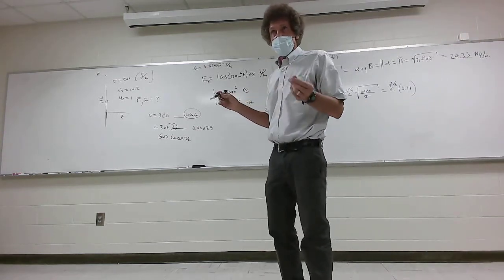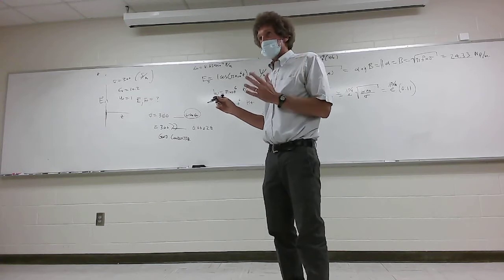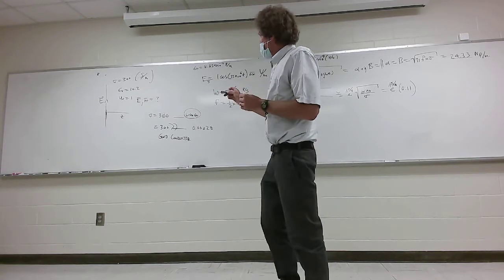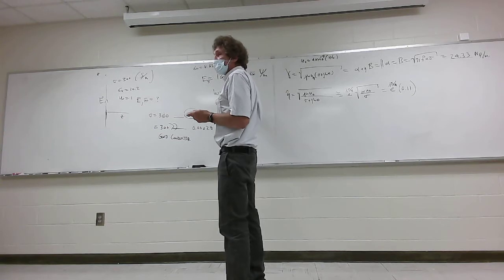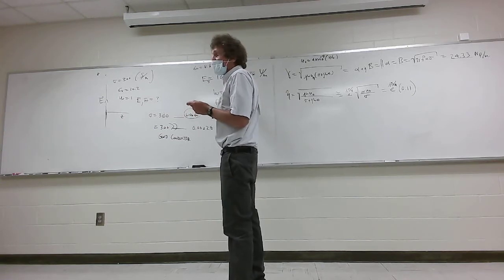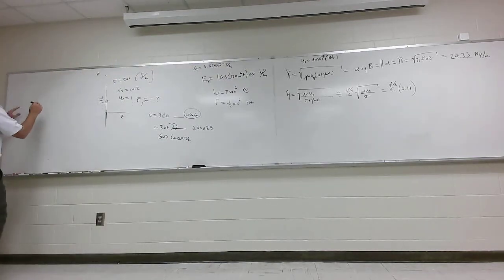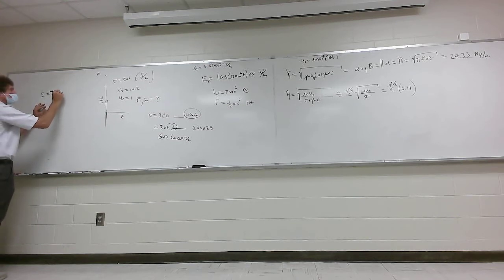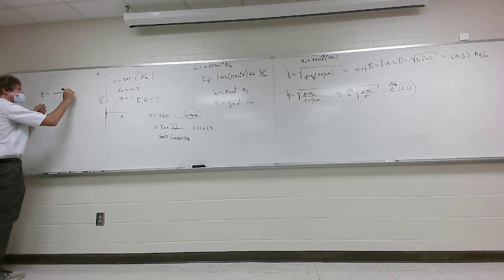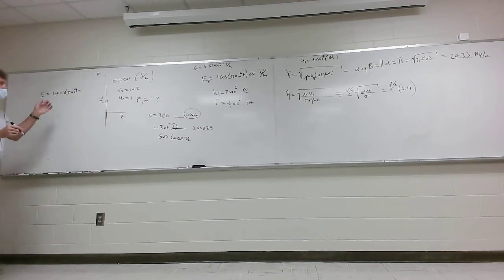Now that we have these two values, he wants the electric field, right? And he wants the H field as a function of position and time, correct? Now we've got the E field as a function of position at z equals 0, correct, class? Please watch. So if we want it in general, I'll write it over here. I can say the E field, I know it's going to have a magnitude, which is 100, then cosine of omega t, which is pi times 10 to the 6 t, minus beta z.